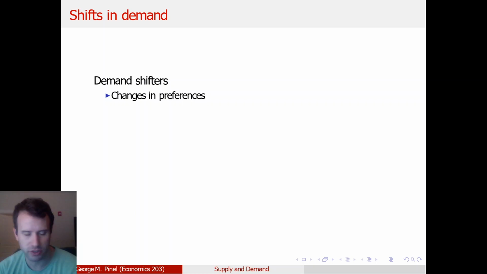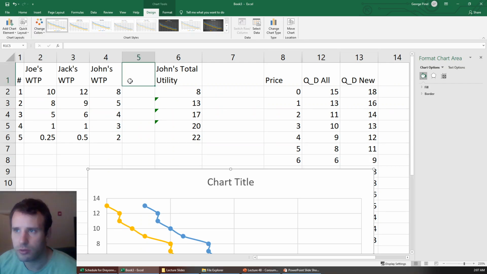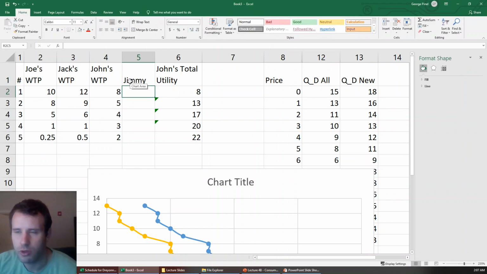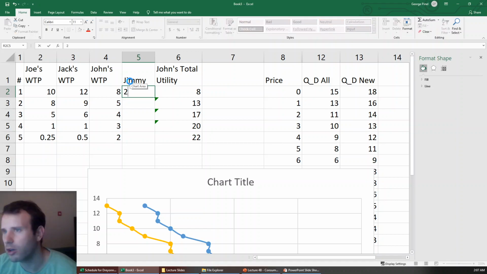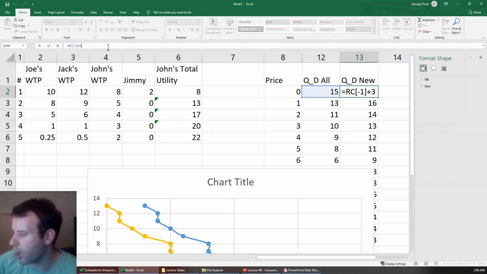Okay. Population changes. So if I added a third person here, Jimmy, and he consumes 1 hot dog.